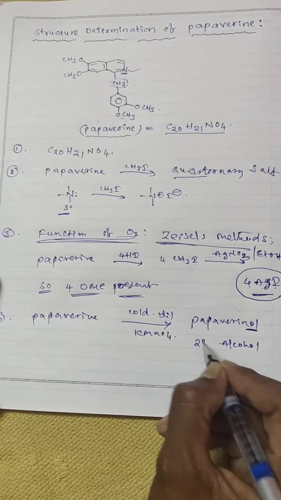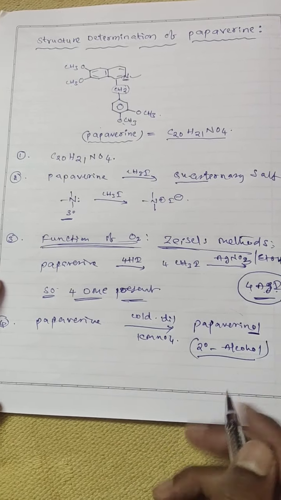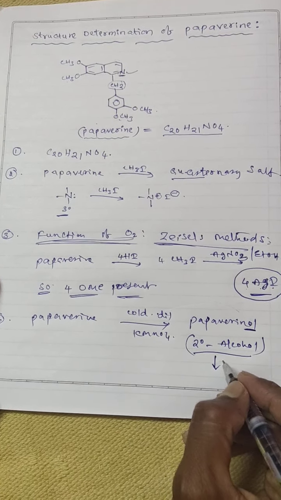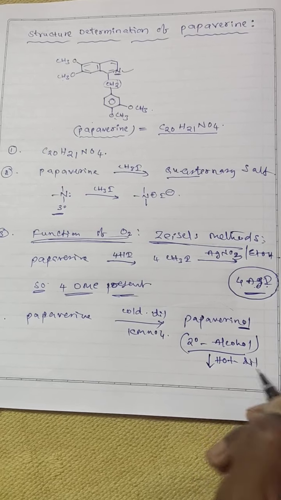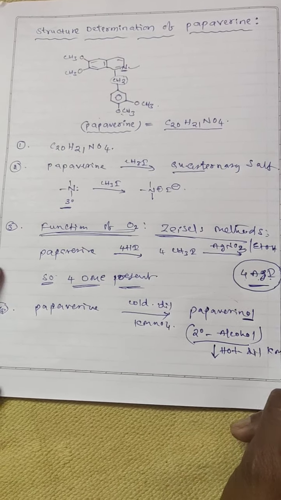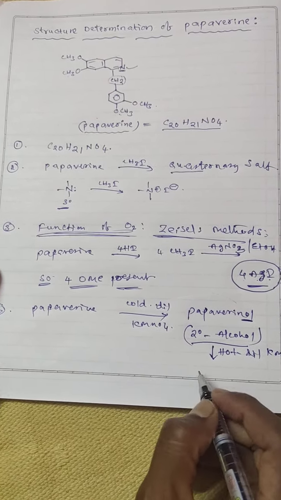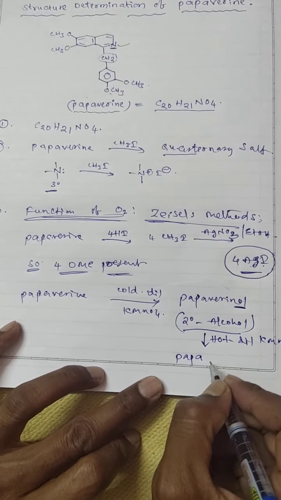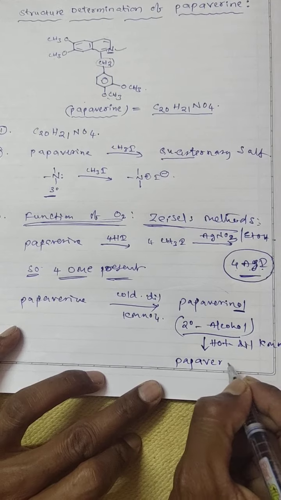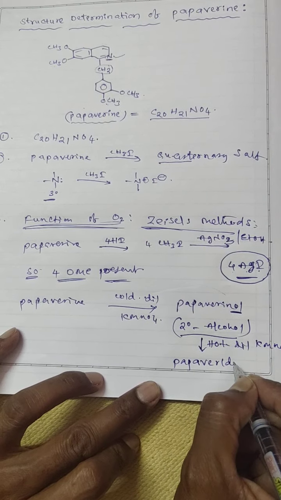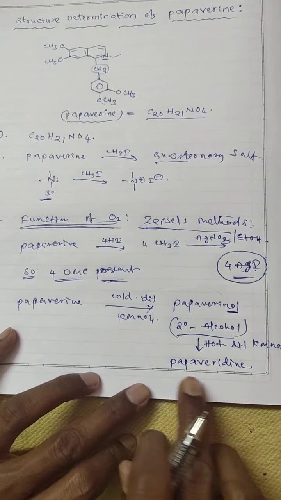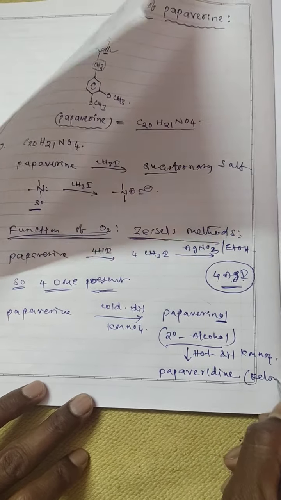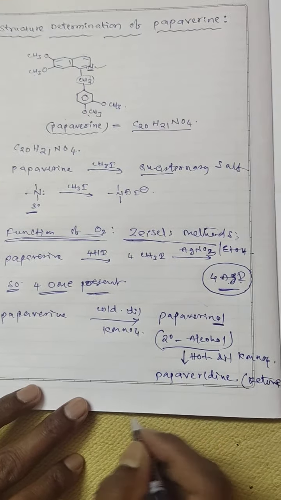It is a secondary alcohol. Now whenever it reacts with hot dilute KMnO4 it forms papaveraldine. So it is a ketone.